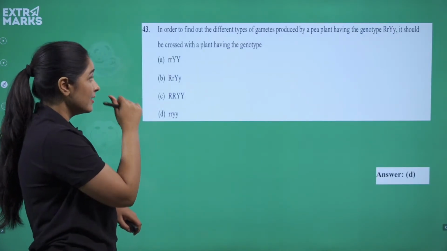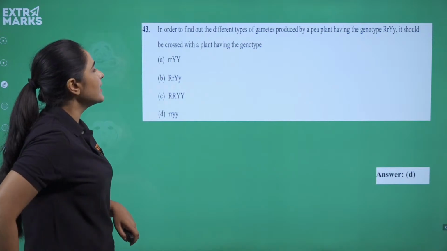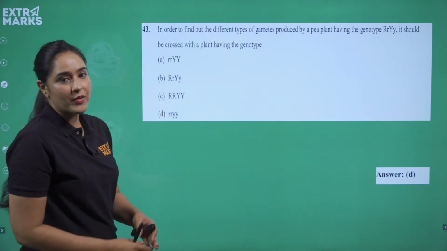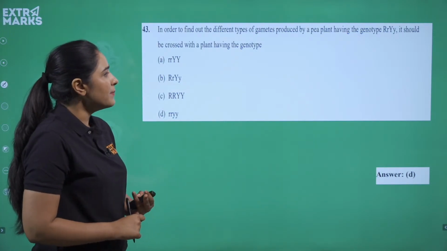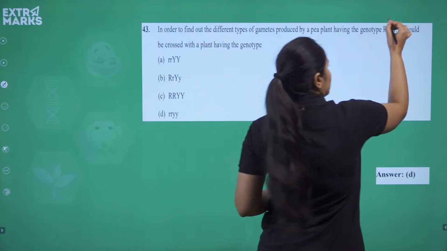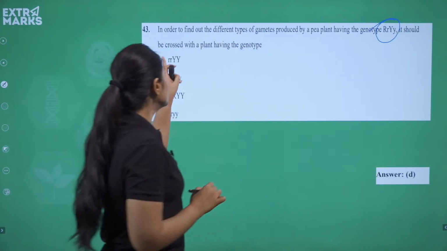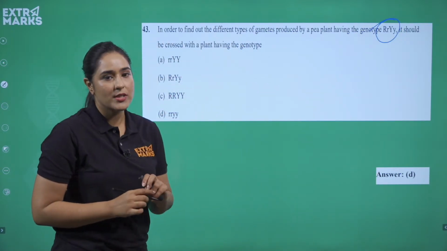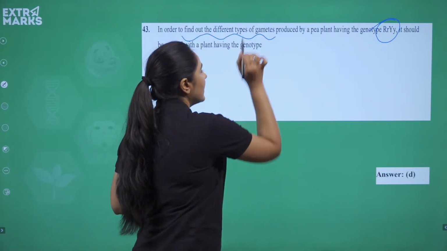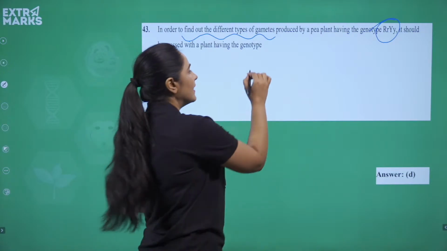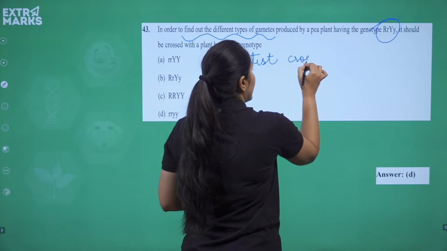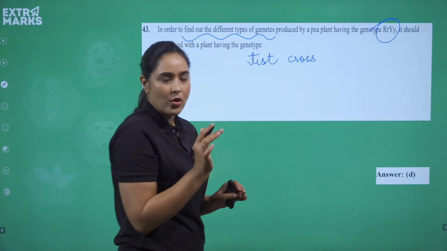Another question, in order to find out the different types of gametes produced by a pea plant having the genotype RRYY, this is the genotype, it should be crossed with a plant having the genotype. So when we have to find out the different types of gametes, we are doing that test cross. And in test cross, what we are having?